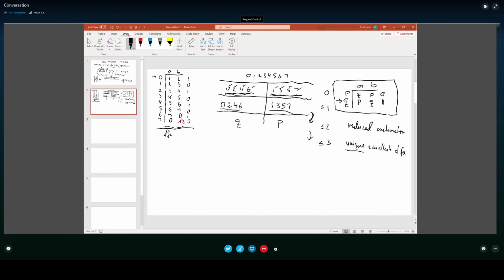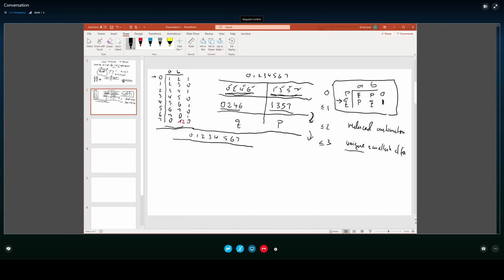Original DFA. Well, it has of course to do, but it is definitely different. And so I start out 0, 1, 2, 3, 4, 5, 6, 7. This is my starting point.